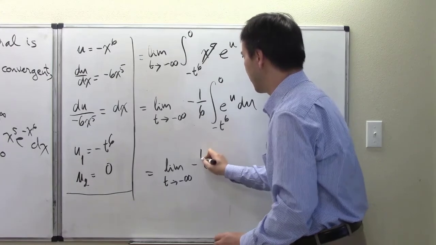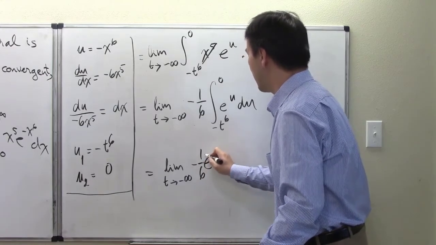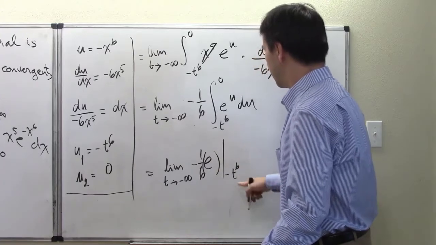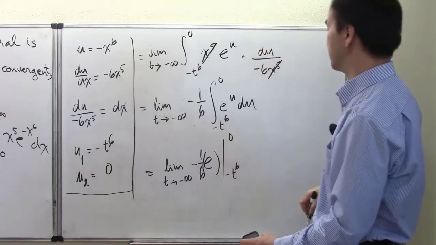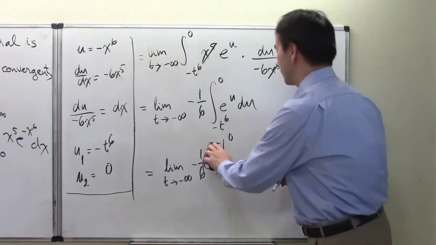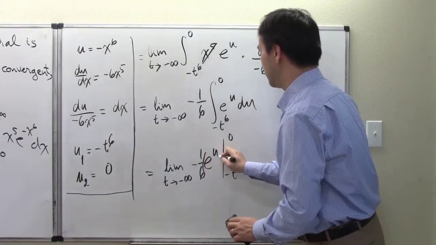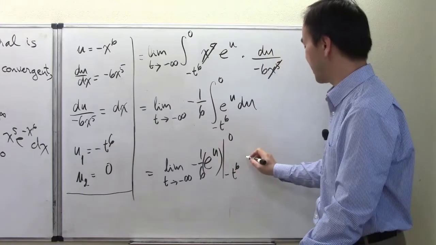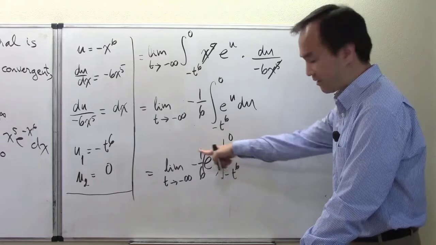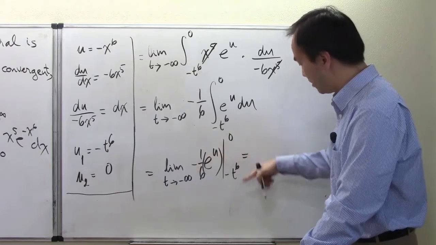So there's a negative 1/6 in front, and we need to evaluate this at minus t to the sixth to 0. Okay. e to the u, should realize that. All right, and so further I'm going to evaluate our antiderivative at these two integral limits right here.